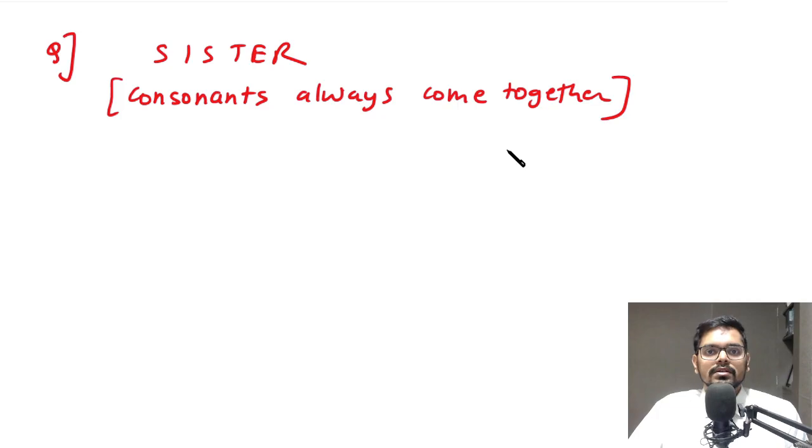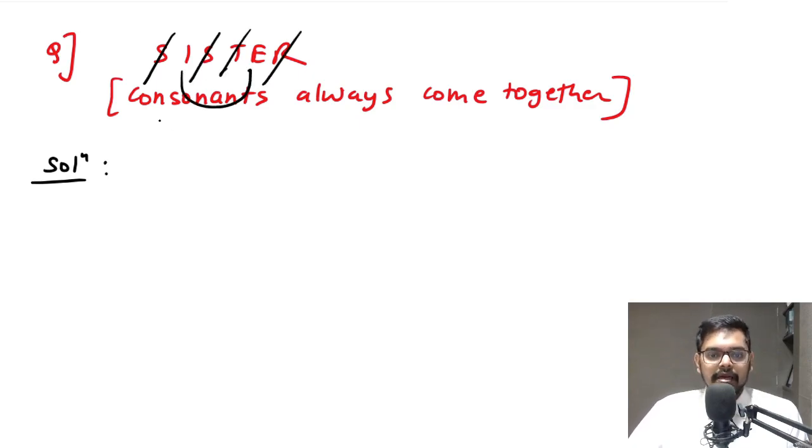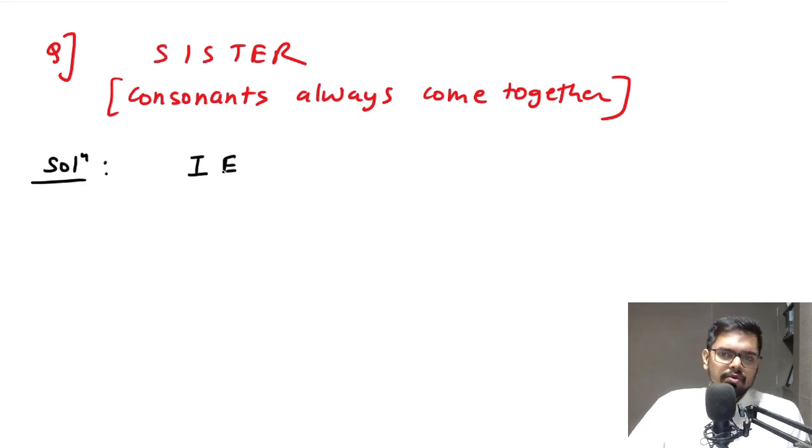Consonants are always together. Solve this question. Now I know very well you are getting familiar with this topic. What you are going to do is, first of all, you are going to say S is a consonant. This is also a consonant, T and R, okay? I and E are vowels. Others were consonants. So vowels you are going to write first, because they can come together, they do not come together, no issue, okay?